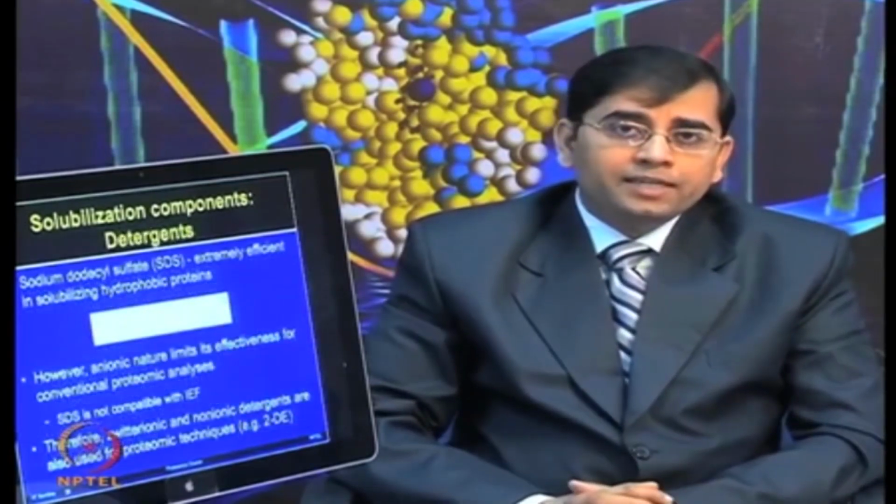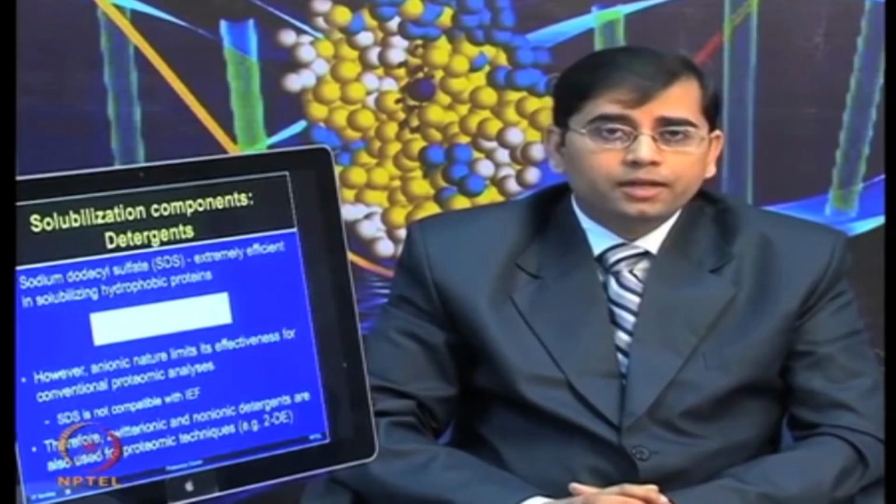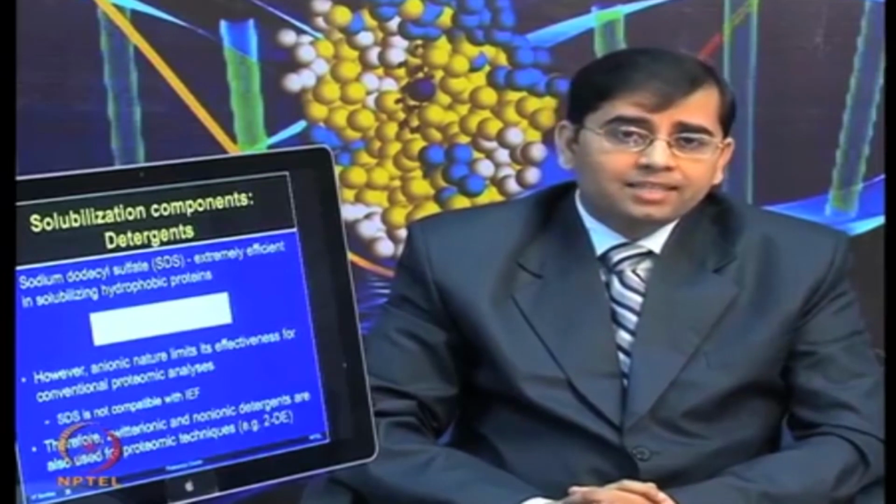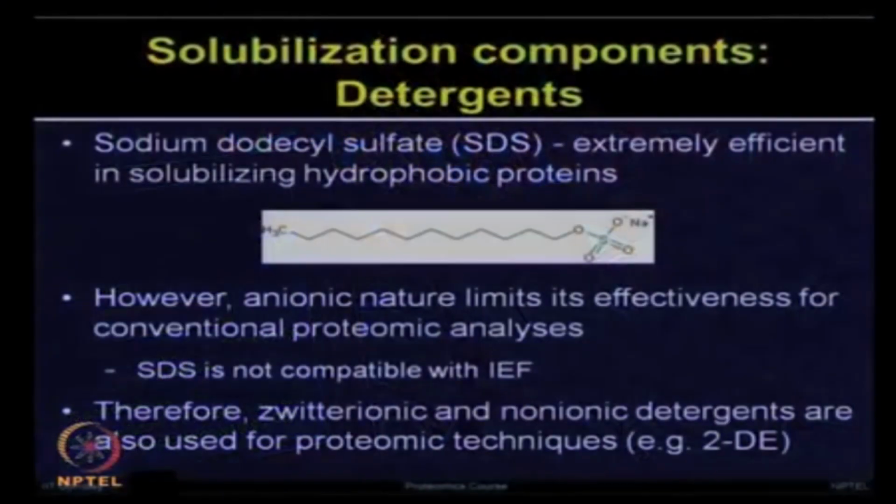There are different types of detergents also used in solubilization, such as SDS or sodium dodecyl sulfate, which is very efficient at solubilizing hydrophobic proteins. If you want to solubilize hydrophobic proteins, SDS can be used very effectively, but its anionic nature limits its effectiveness for conventional proteomic analysis.